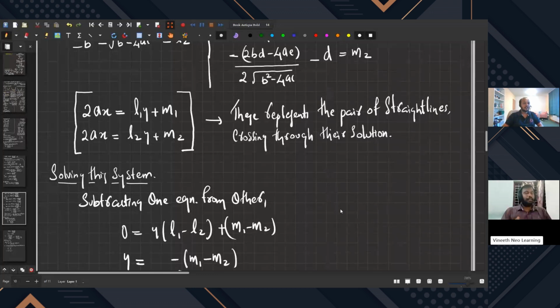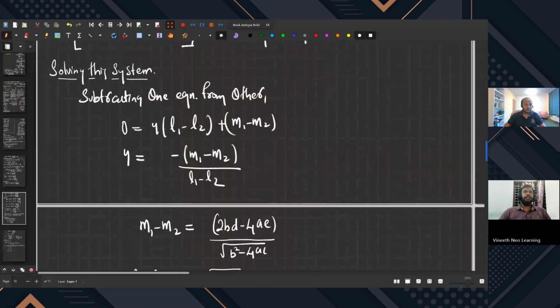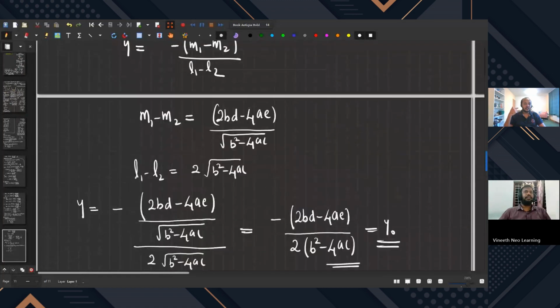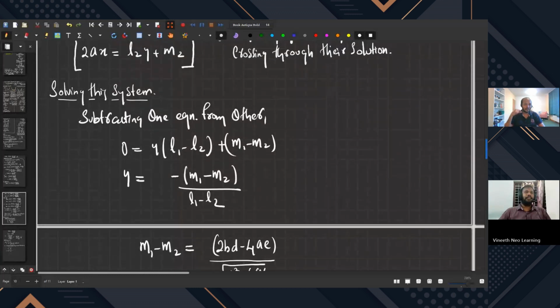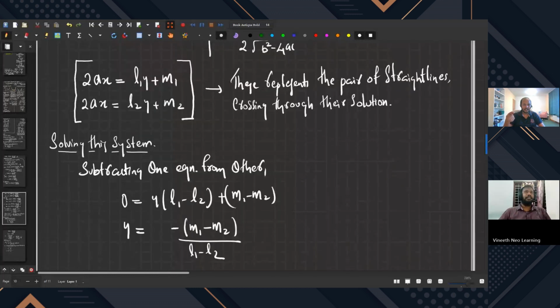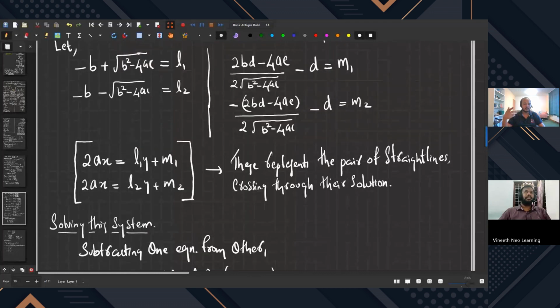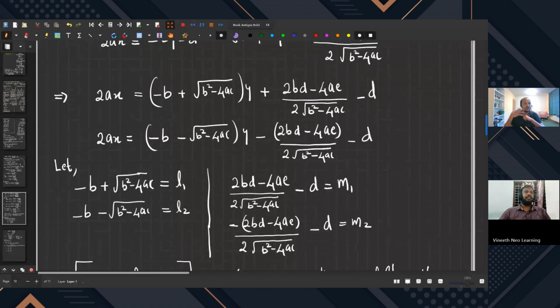You said that instead of solving the pair of straight lines to find the solution, we can use the reasoning there.